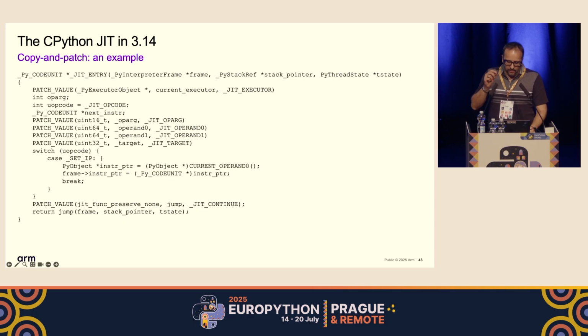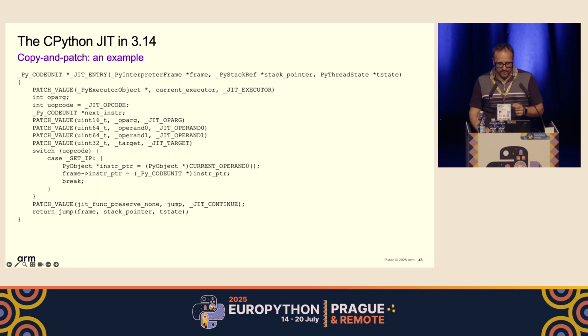When the micro-op _SET_IP is selected for JIT compilation at build time, so when we compile CPython, its implementation is wrapped inside a standard C function template, like this one that you see here. This function is not for the entire trace.